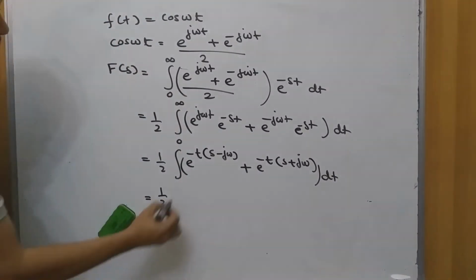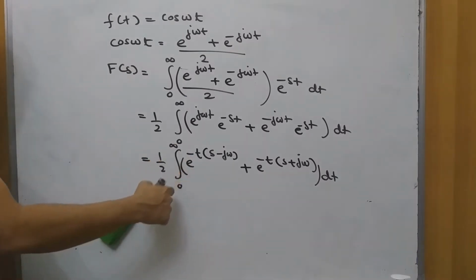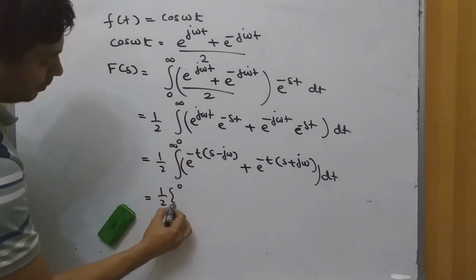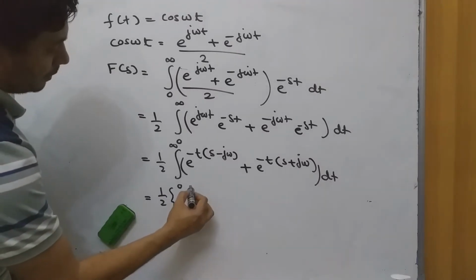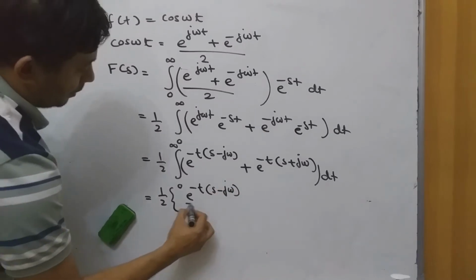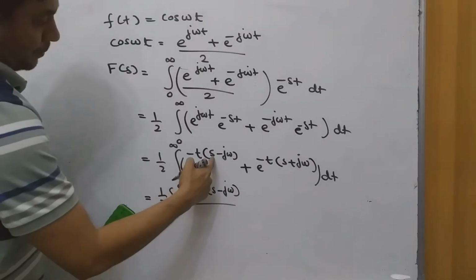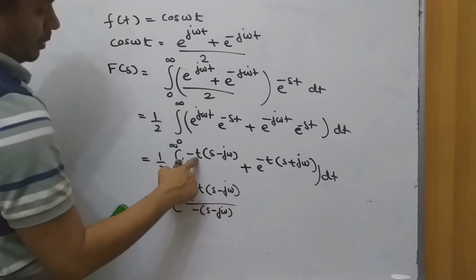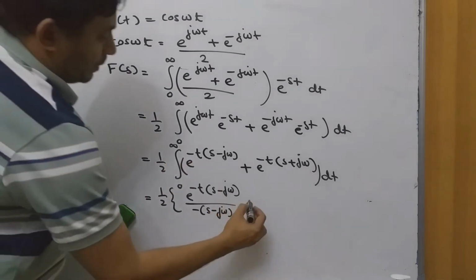Then I'm going to integrate the whole thing term by term. The first term has a half as a common factor: e to the power minus t times (s minus j omega) divided by minus of (s minus j omega), because the coefficient of t is s minus j omega.